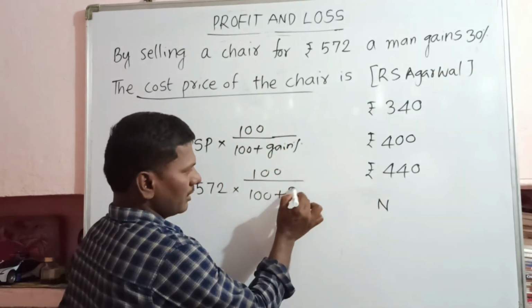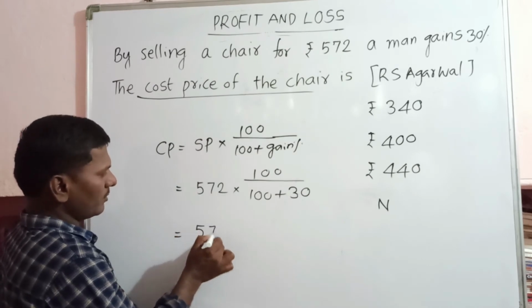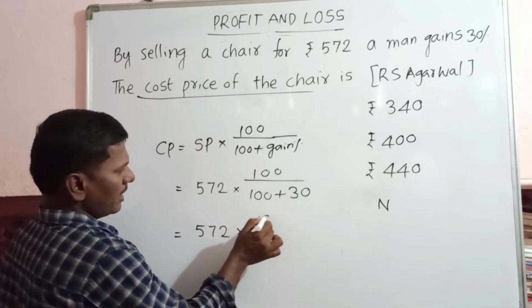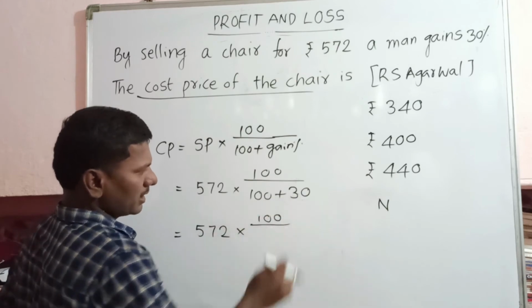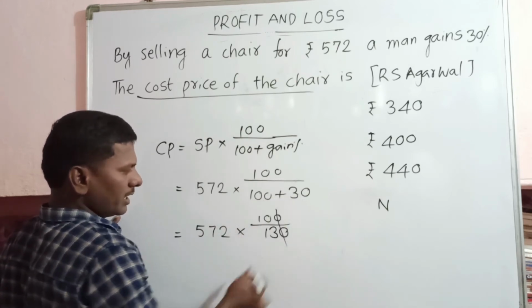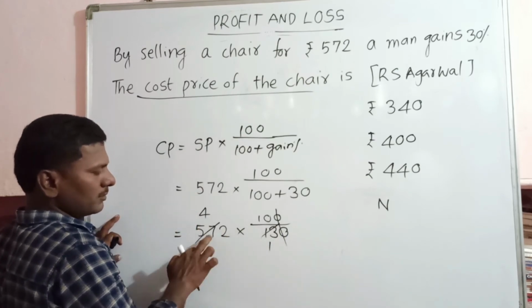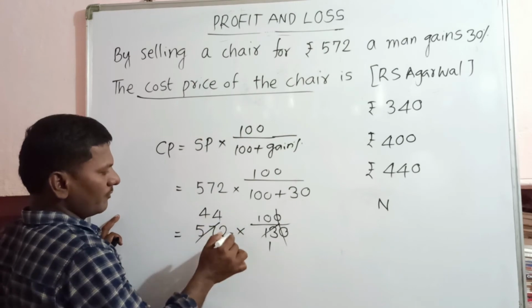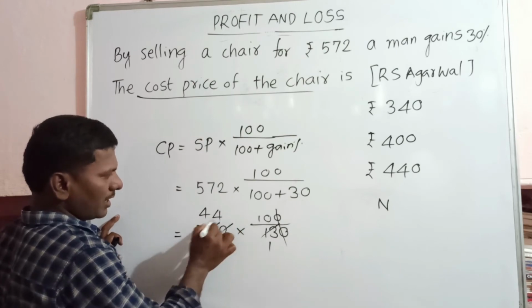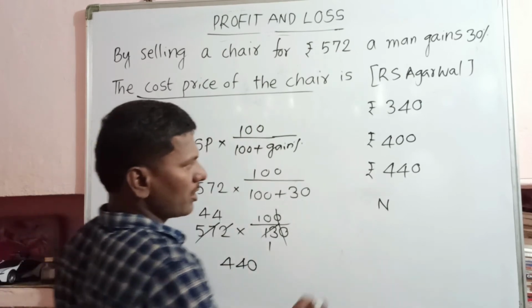So just write 30. 572 into 100 by 100 plus 30, 130. 0 0 gets cancelled, 13 1s are 13, 13 4s are 52, again 5 is left, 13 4s are 52, 44 into 10, 440. So the correct option is 440.